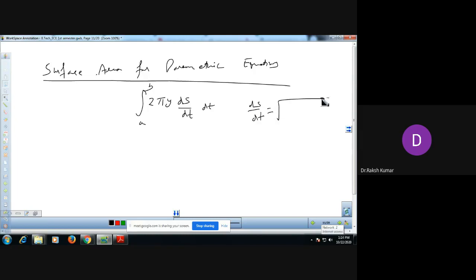There is a formula to calculate ds over dt: the square root of (dx over dt) whole square plus (dy over dt) whole square.